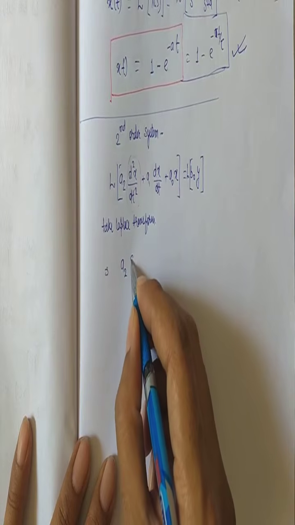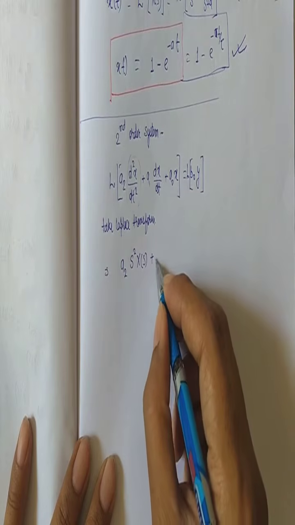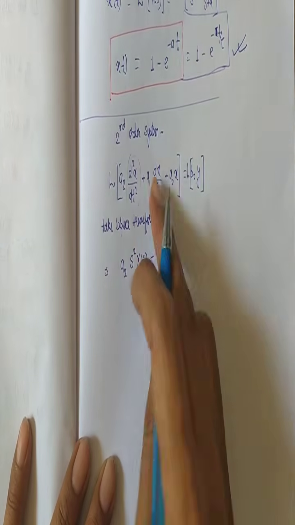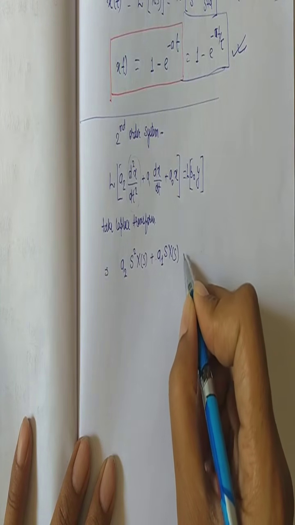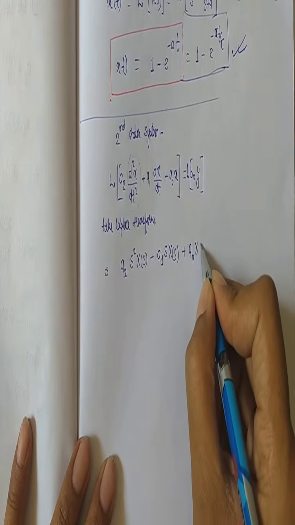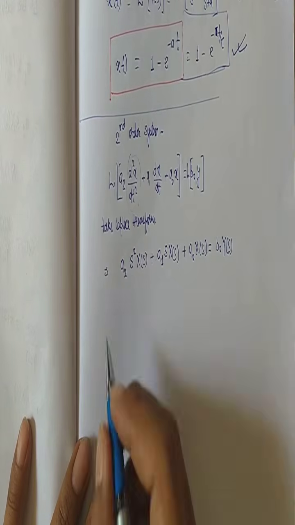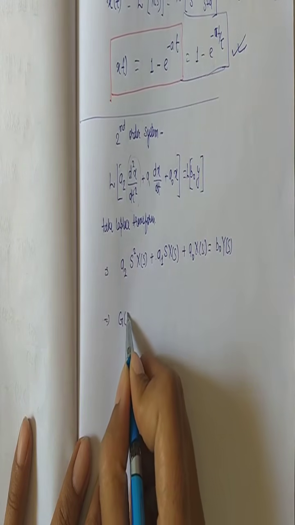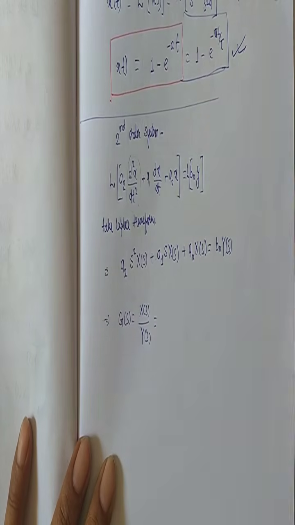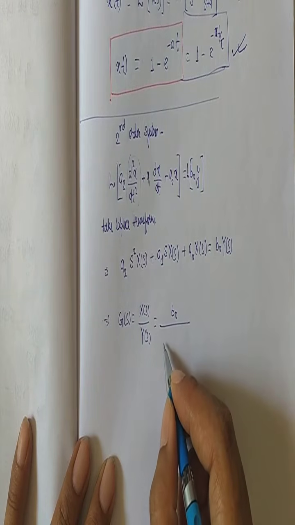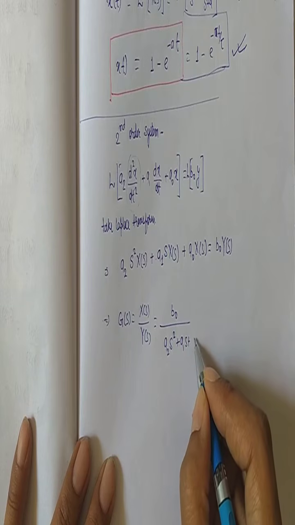So we write s square X(s), plus the rest of the terms are 0 with initial conditions. Now a1 times s X(s) plus a0 X(s) is equal to b0 Y(s). Now we can write the transfer function G(s) as X(s) by Y(s) is equal to b0 by a2 s square plus a1 s plus a naught.